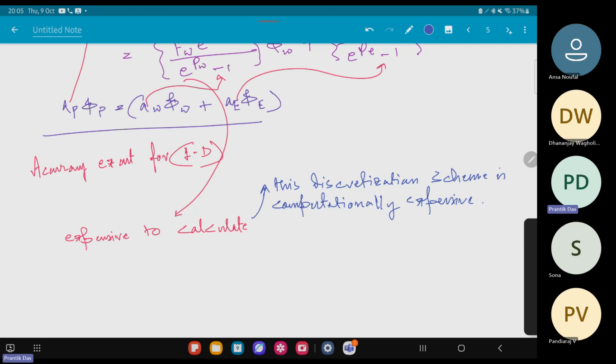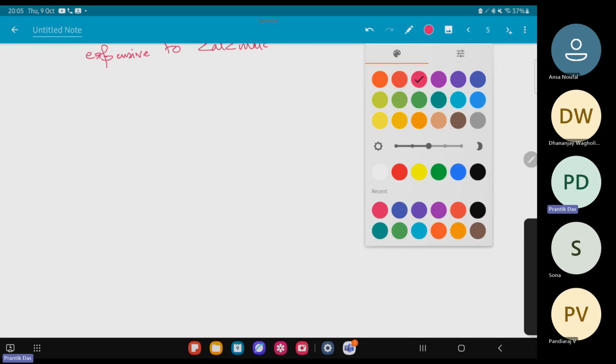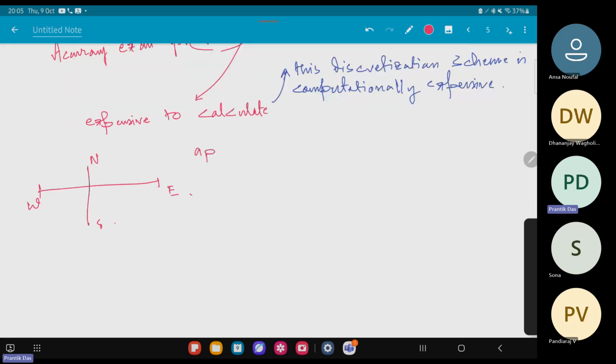And if it's a 2D problem instead of a 1D one, for example, we have east, west, north, south, then you can write Ep phi p equals An phi n plus As phi s plus Ae phi e plus Aw phi w.